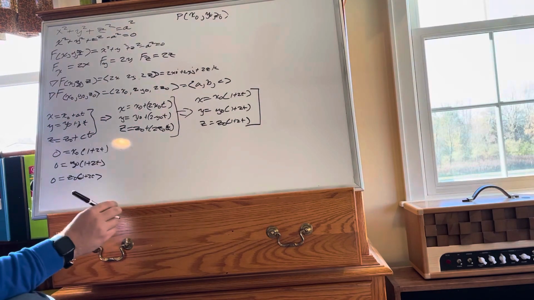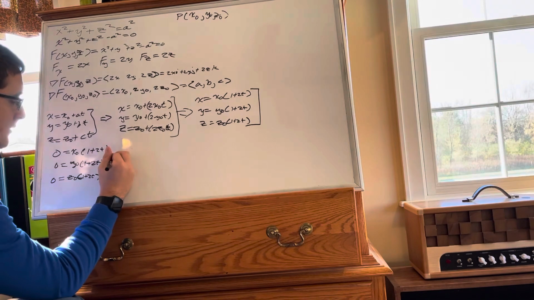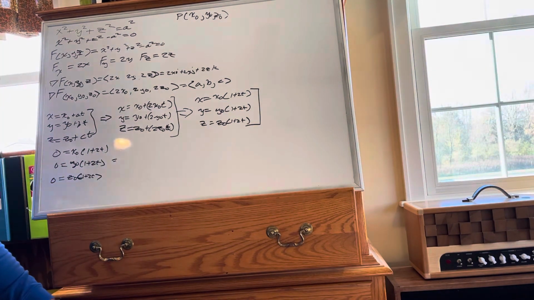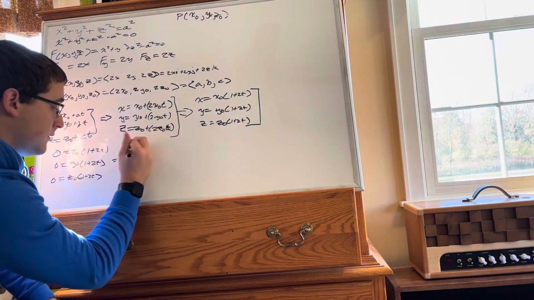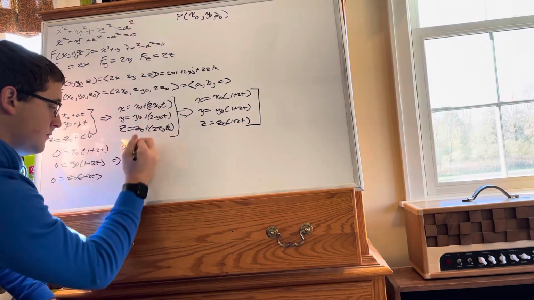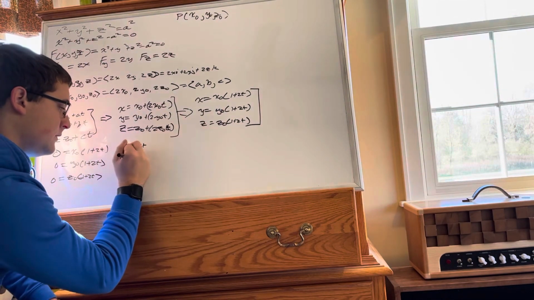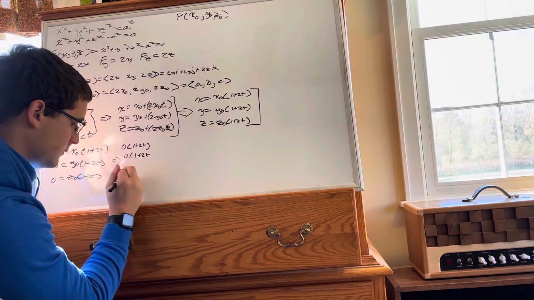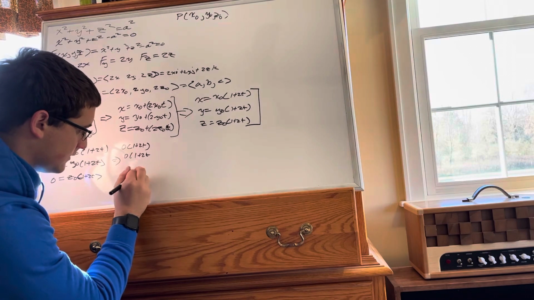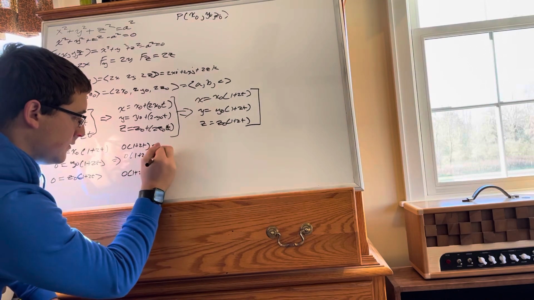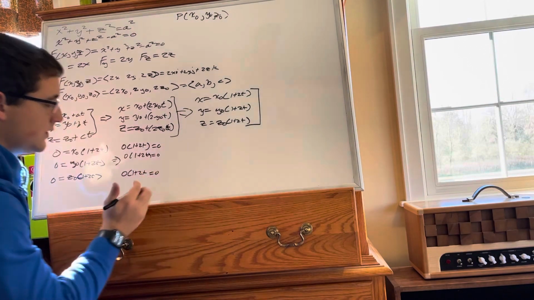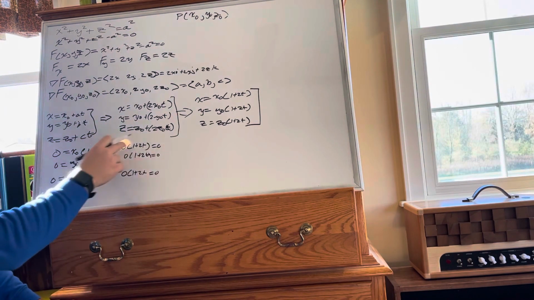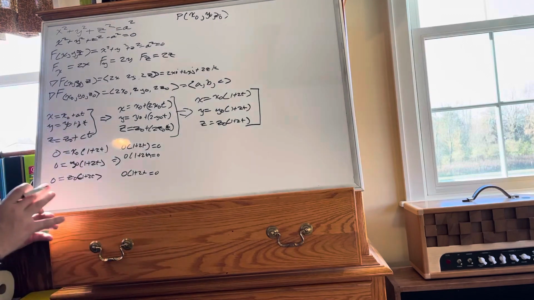This is one way to prove it, because we have 0 equals 1 plus 2t for each one of these. This all means each one of these functions is equal to each other, and it all equals 0.